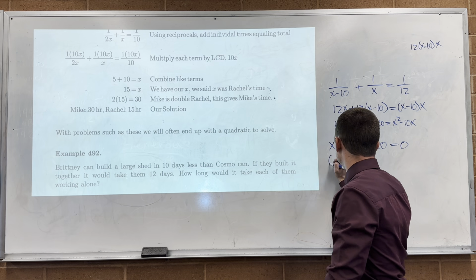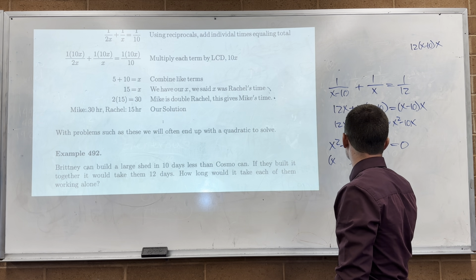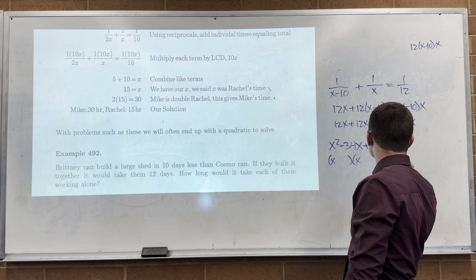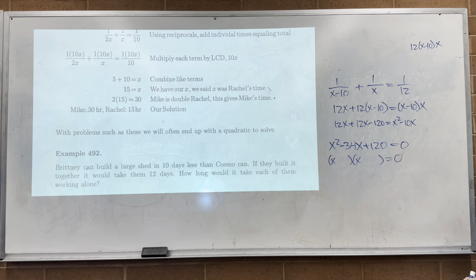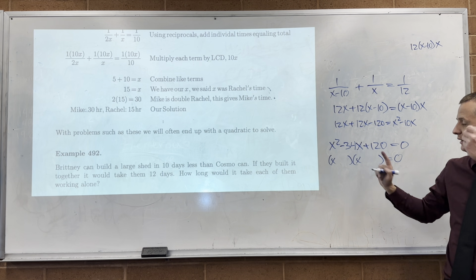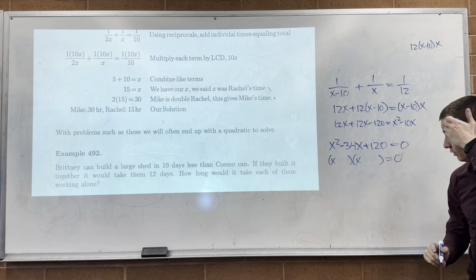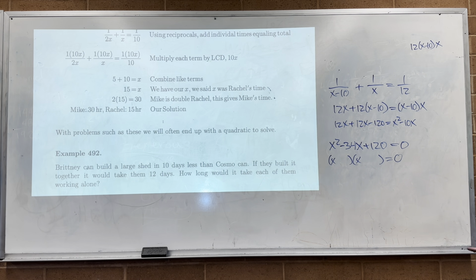Now we can see if we can easily factor it. If not, we can always fall back on just the quadratic equation. So we're looking for two numbers that multiply together to 120 and add together to negative 34. So two negative numbers. What goes into 120? 12 and 10, right? But when we add those together, not quite.